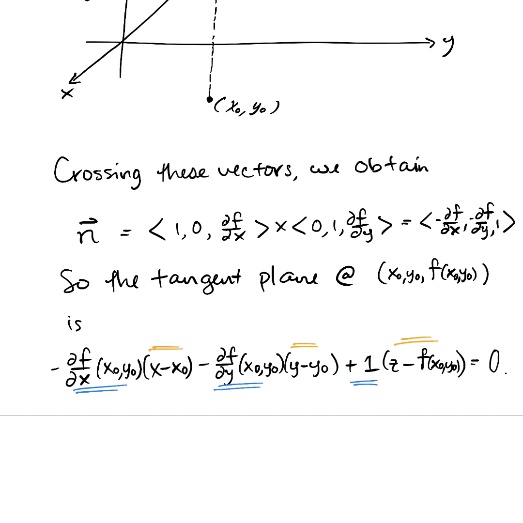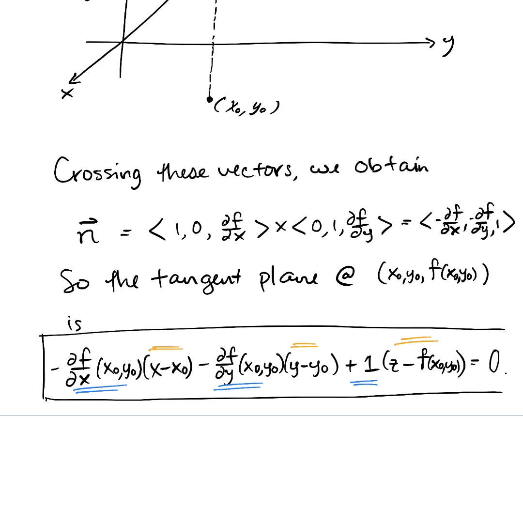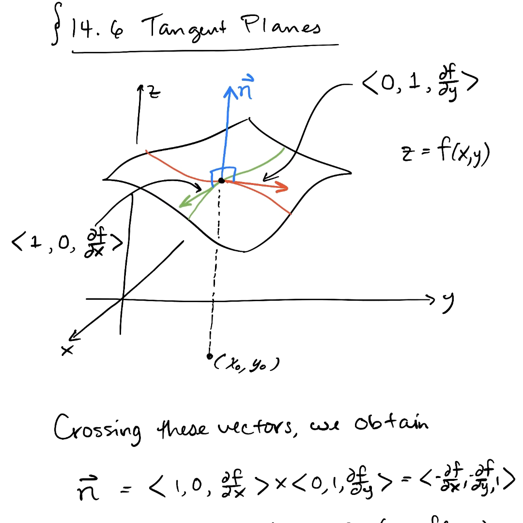And that's it. That's how you figure out the equation of the tangent plane to the surface z equals f of xy at the point x naught, y naught in the domain. You can see that tangent plane up here on our drawing in orange.